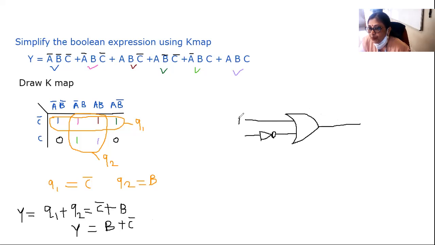So this is B and this C is given here. It becomes C bar here. So the input to this is B and C bar. So it will be B plus C bar. This is how we have to draw the logic diagram.